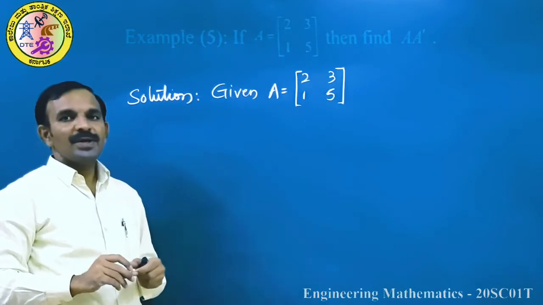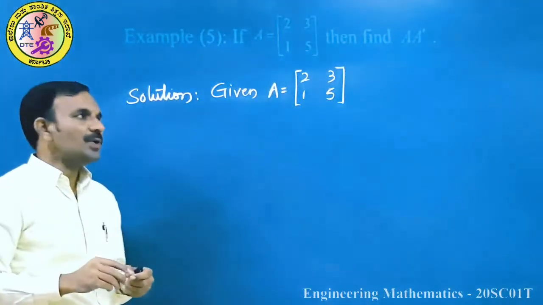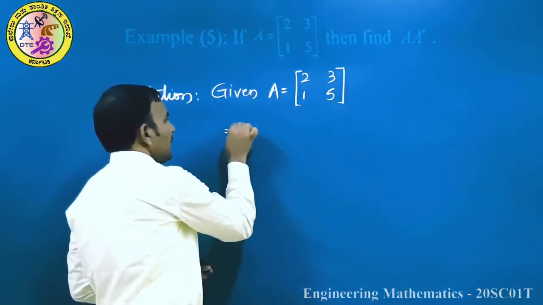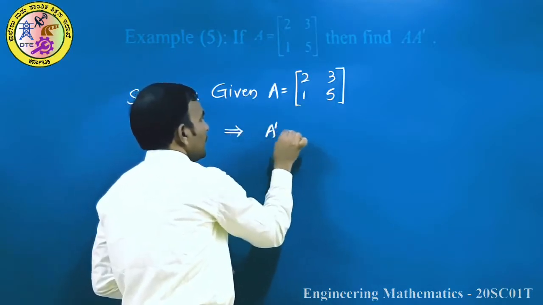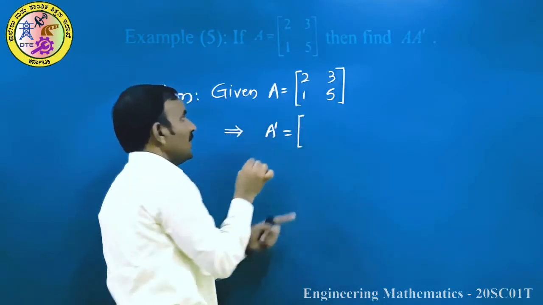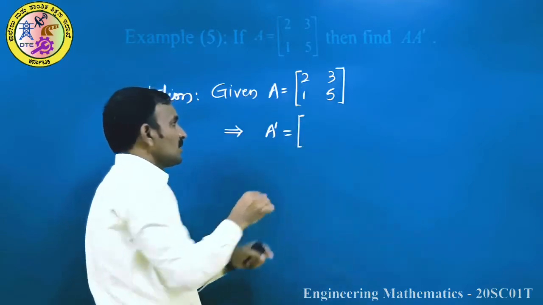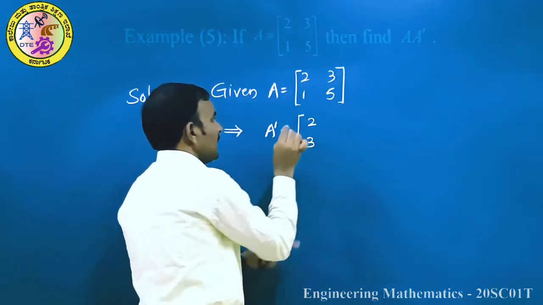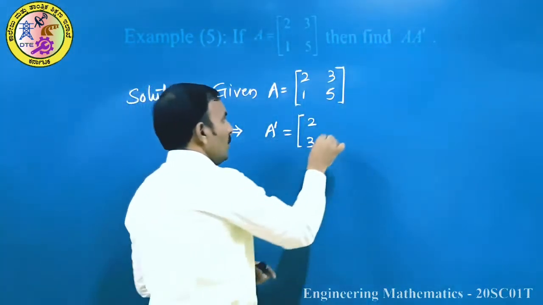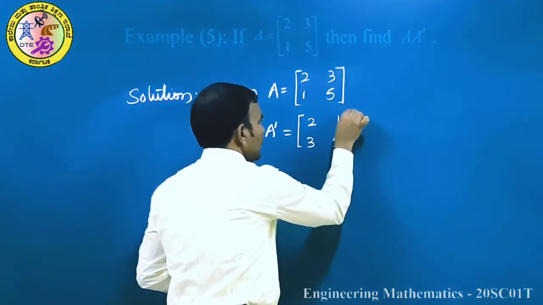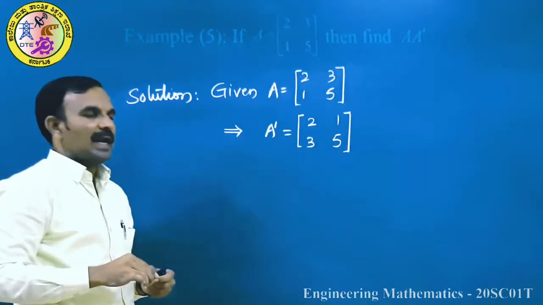Next you have to find out A dash. Change rows into columns. That implies A dash equals: the first row is 2 3, make it the first column. Second row 1 5, second column. This is your A dash.